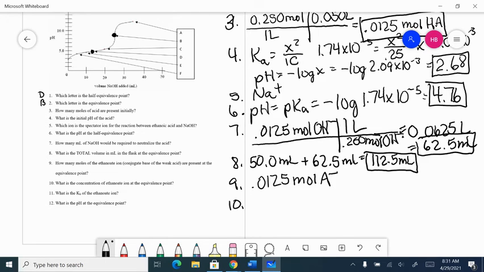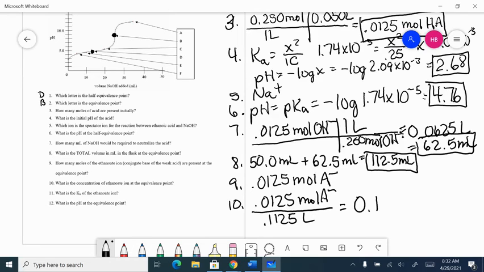What is the concentration of the conjugate base at the equivalence point? Remember that concentration is the number of moles of A minus divided by the total volume. This one I saw some people forgot to change the milliliters back to liters.